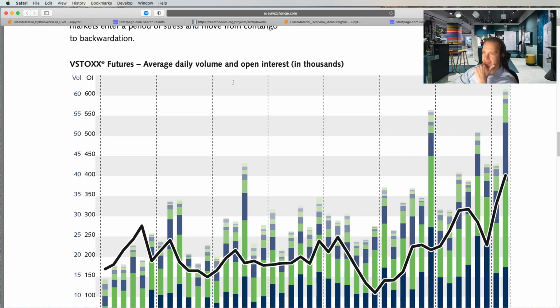And then you can buy futures on VSTOXX. If you buy a futures on VSTOXX, you basically agree today on, you are fixing a price today for the VSTOXX, and you are hoping that within maturity of the futures contract, if you are long the futures, that the realized vol is larger than what you fixed.